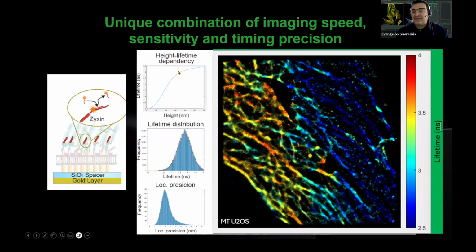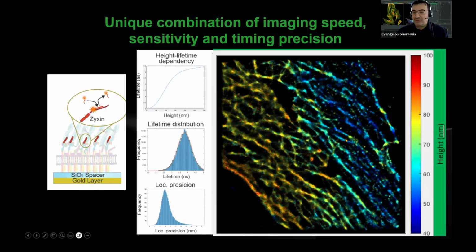So you have a height-lifetime dependency, and where you have a localization precision, in this case around 20 nanometers, we could do 3D SMLM based on the lifetime information, where we could differentiate differences. We could see differences of around 10 nanometers in Z for DNA-PAINT.